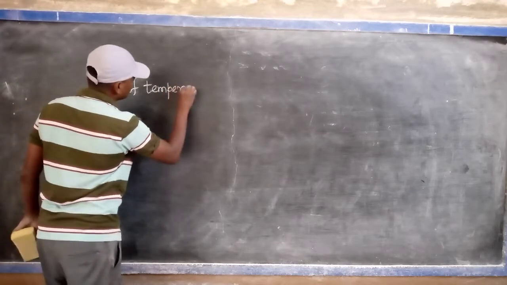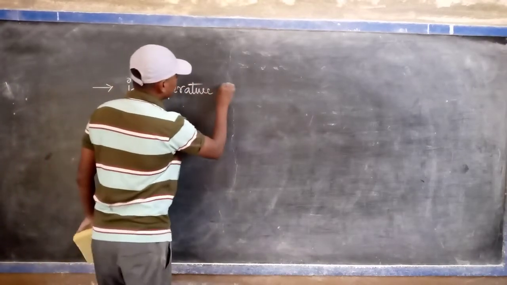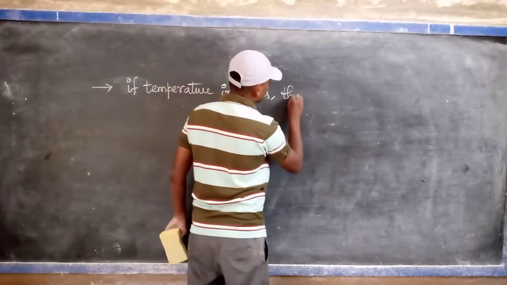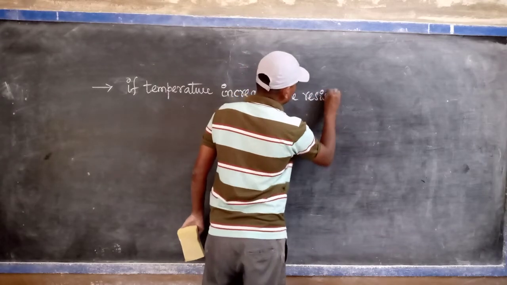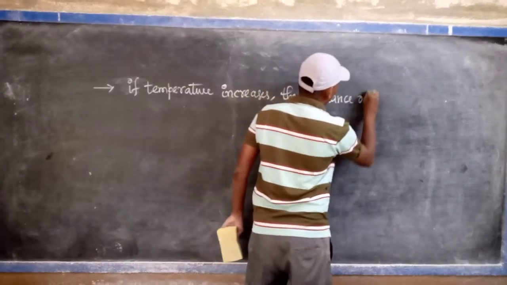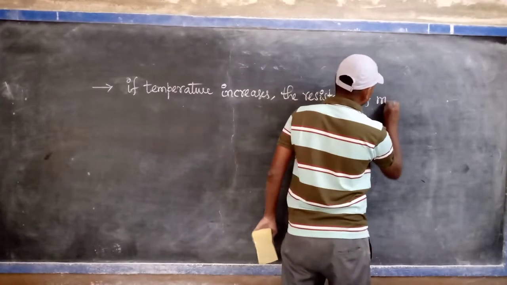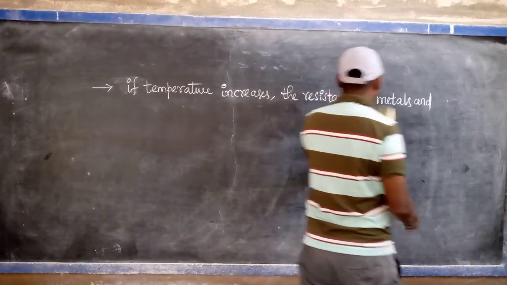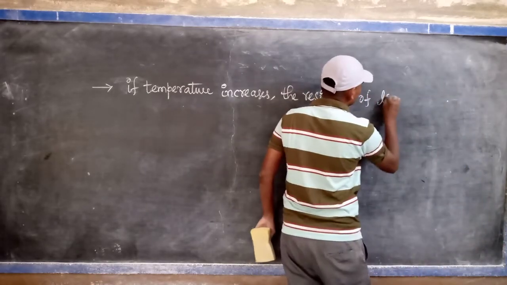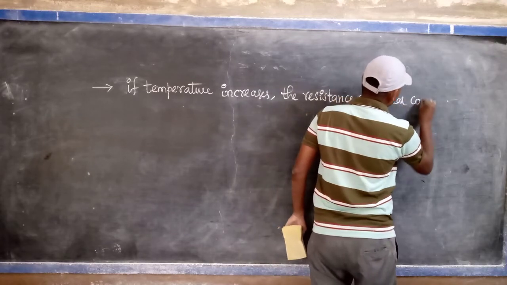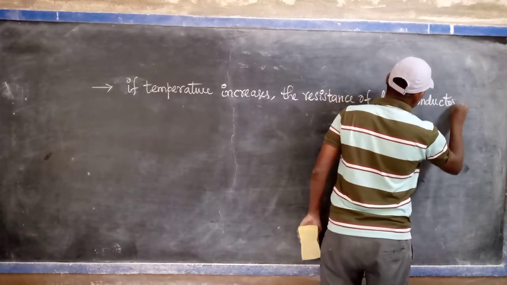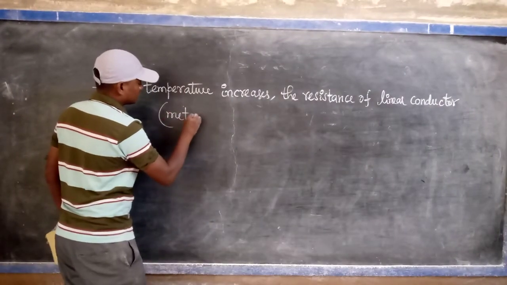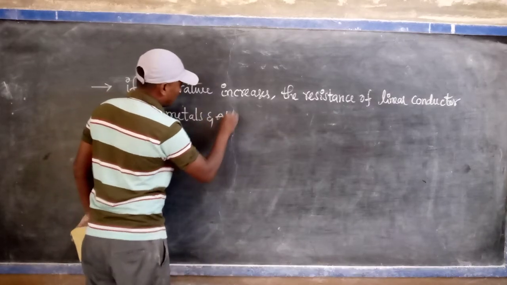If temperature increases, the resistance of metals and alloys, that is, linear conductors, also increases.